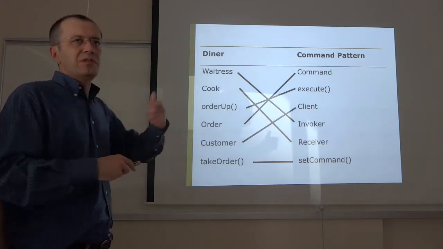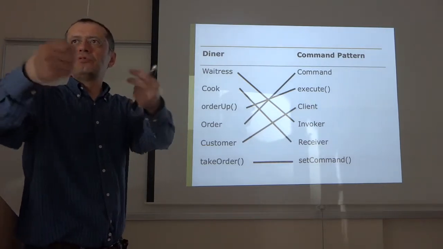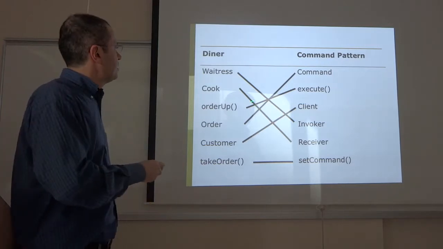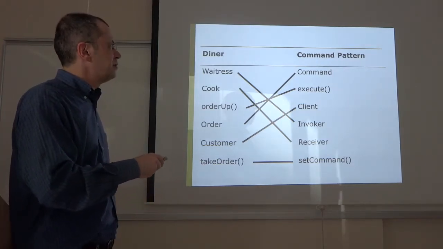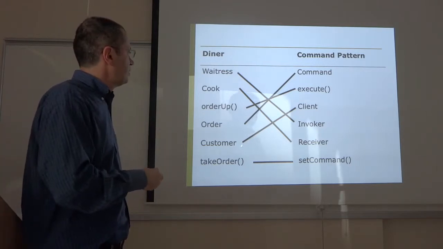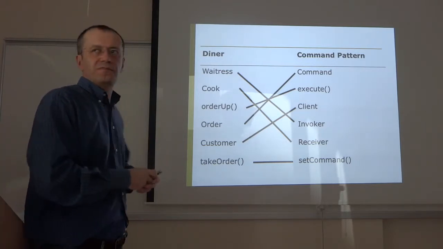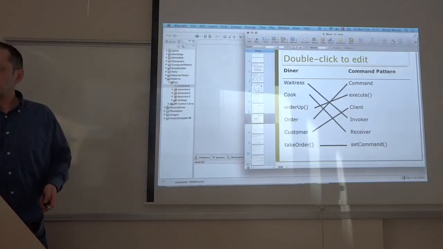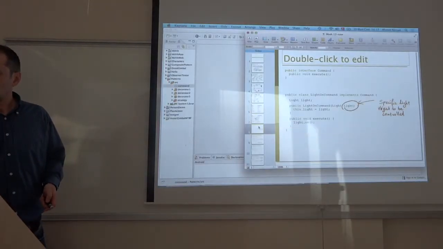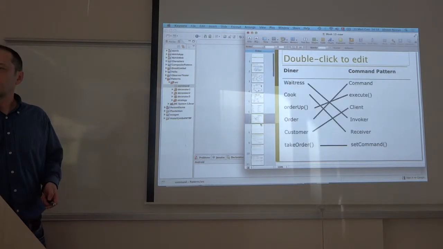This order up means that there's an order, do it. That is the execute command. The order is the command. And the customer is the client, of course. This is very easy.